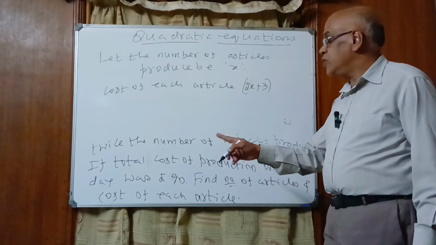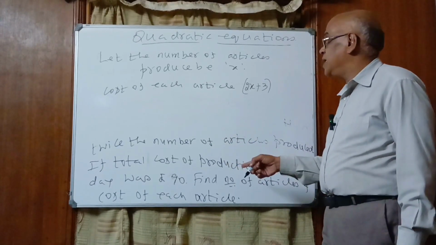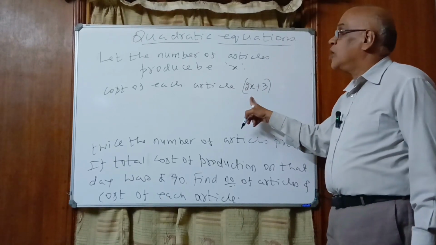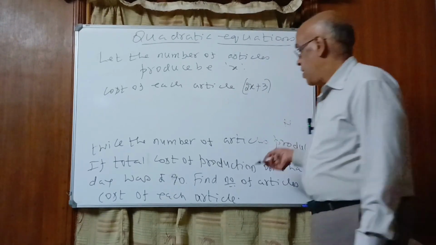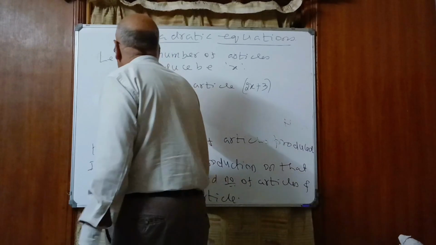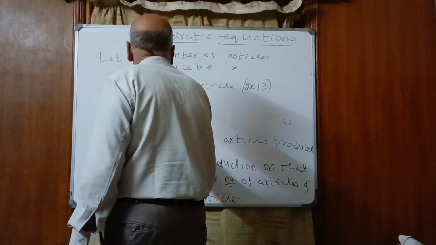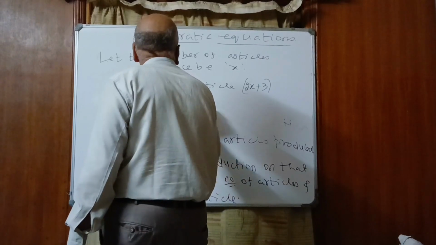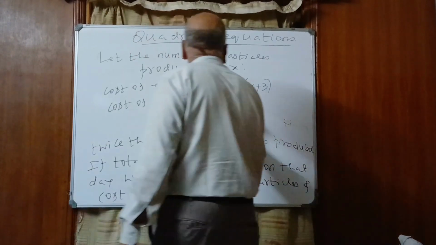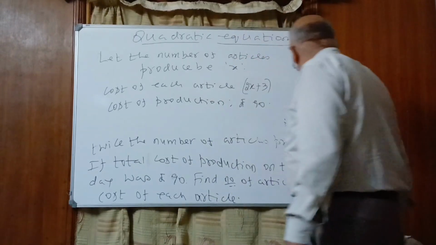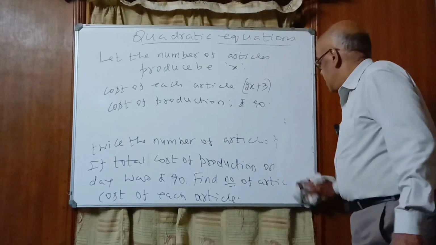The total cost of production is the number of articles into the cost of each article, rupees 90, children. From this we have to derive an equation and solve it.